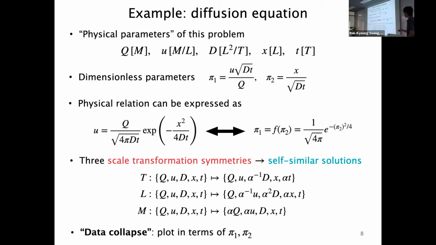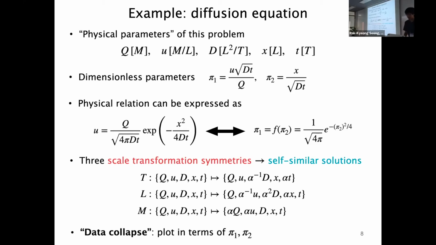Under these transformations, the solution remains a solution of the system, obviously, because the physical relation is given by the relation of dimensionless parameters in this way, and this is invariant under the transformation given here. And we can obtain the data collapse by plotting the solutions in terms of the dimensionless variables like pi1 and pi2.